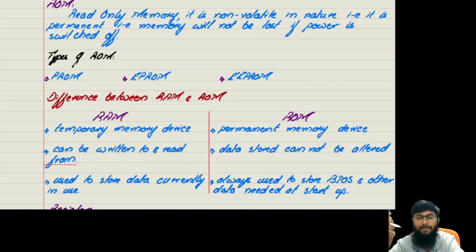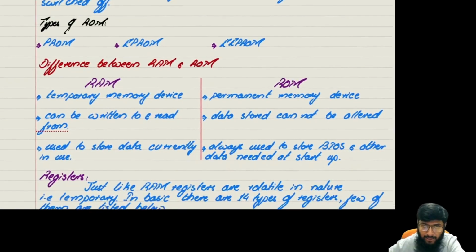The difference is that PROM can only be programmed once, whereas EPROM can be programmed multiple times, but it requires ultraviolet light to be reprogrammed. Whereas EEPROM is what we are actually utilizing in our systems as well. EEPROMs can be reprogrammed multiple times, with the help of certain software.